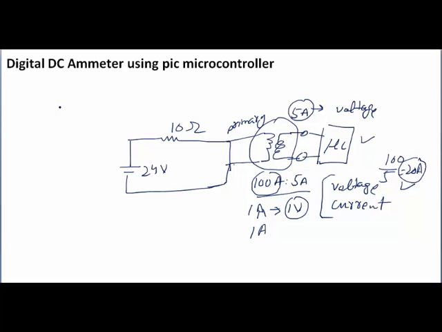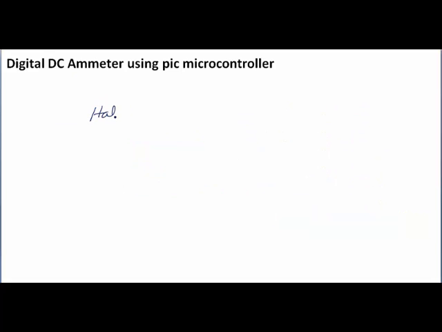So you can consult any current transformer data sheet to know about its turns ratio or its voltage and current relationship. There is one more sensor which is used to measure current, that is the Hall effect sensor. There are many Hall effect sensors available in the market.